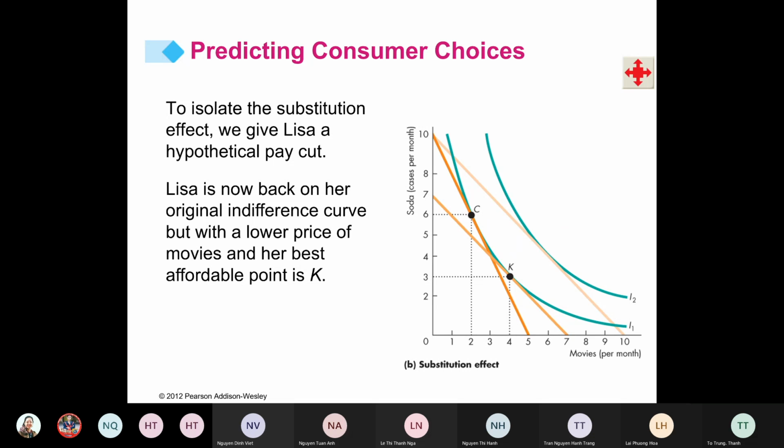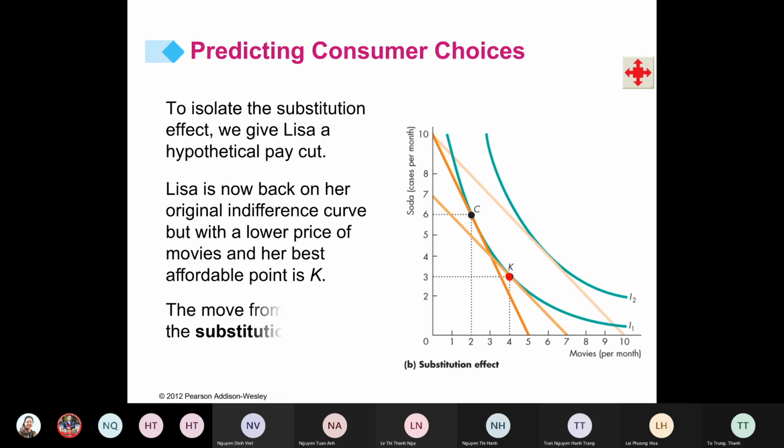So at point K, you see that there is a tangent point between the imaginary budget line, which is parallel to the new budget line, and the original indifference curve. At point K, the consumer gets the same level of satisfaction as before.